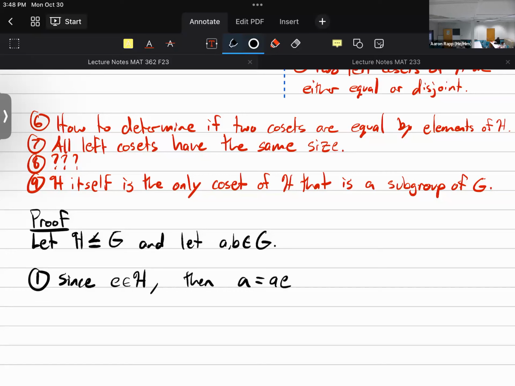Then the element A, I can think of really as just taking A and multiplying it on the left by the identity element E. Then it has to be in what coset?